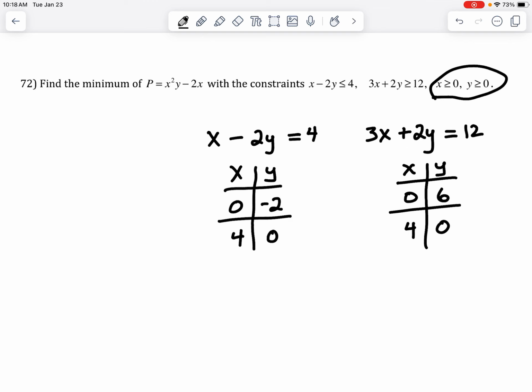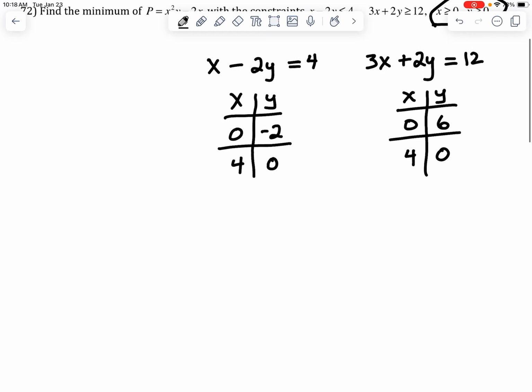Also notice that it says x and y are positive, so we only need to look in the first quadrant. So if you make a graph, you only need the first quadrant, and then graph this point, so that would be y equals -2.